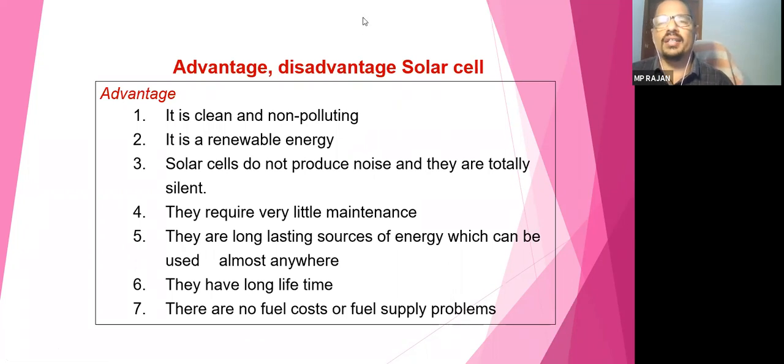Whatever the other conventional method we are using, we are using diesel, petrol, and all. It is a polluting type. So we can say clean green. And nowadays we are all talking about the clean green. We are worried about the ozone layer. So it is an electricity generation by using solar cells.